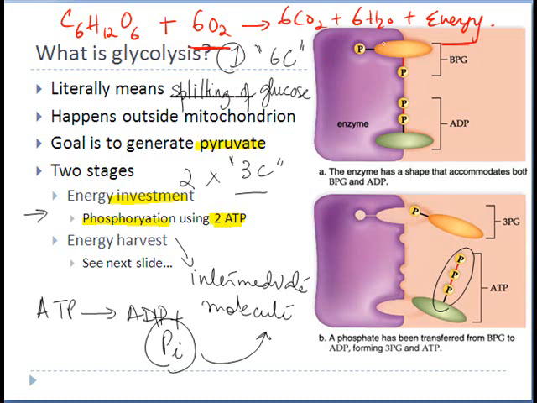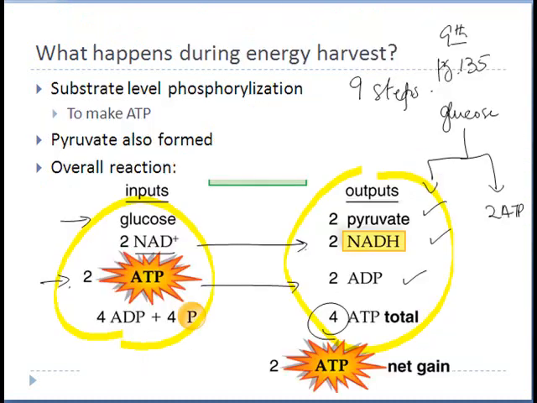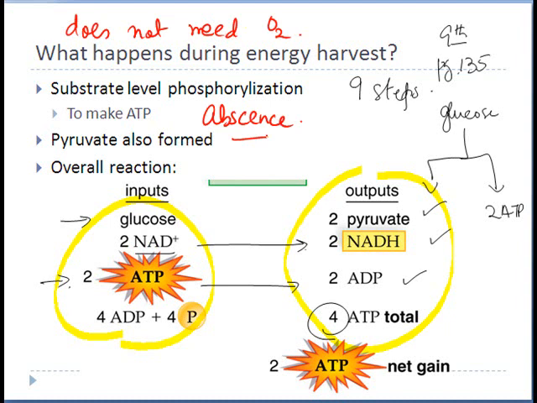So all of this is implying that glycolysis does not need oxygen. This process will take place in the absence of oxygen. Glycolysis is a more primitive process which was carried out in bacterial cells billions of years ago, and it is still carried out in many cells that are not eukaryotic.